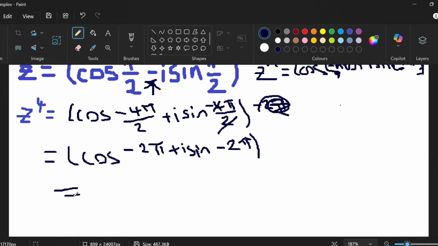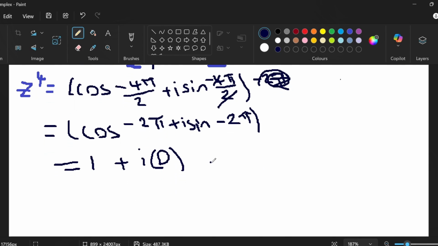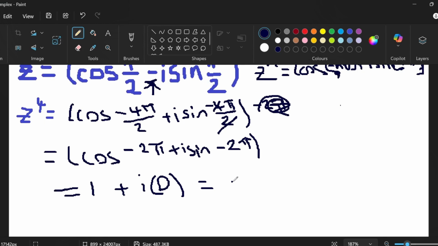And then if I want to simplify further, I can type this into my calculator and find cosine of negative 2 pi, which is equal to 1, plus i times sine of negative 2 pi, 0. So in fact, my answer for z to the fourth power in this case is just equal to 1.